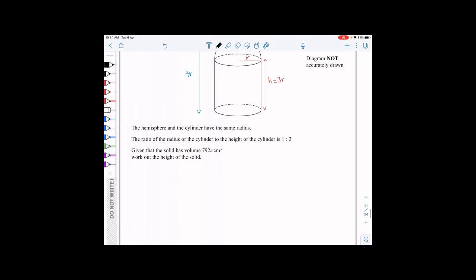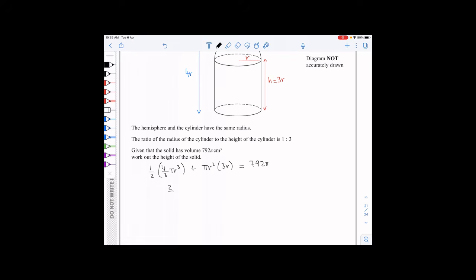Now, the total volume here is the volume of the hemisphere, so a half times 4 over 3 pi r cubed. Remember that the 4 over 3 pi r cubed is just the volume of a sphere, and then the volume of a cylinder is pi r squared h, and this is 792 pi.